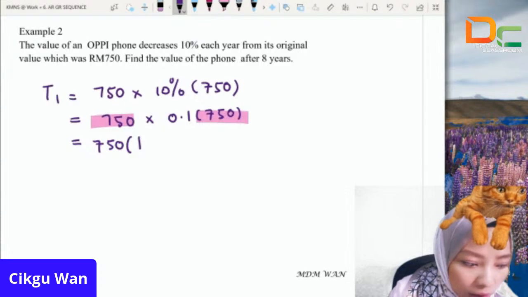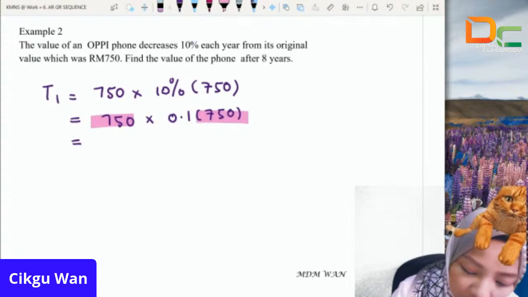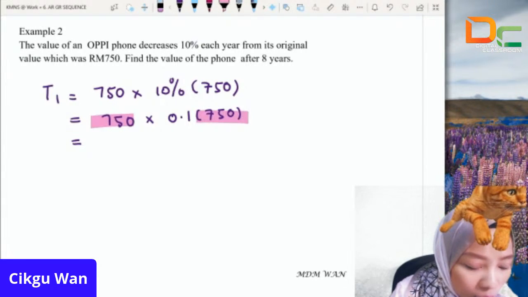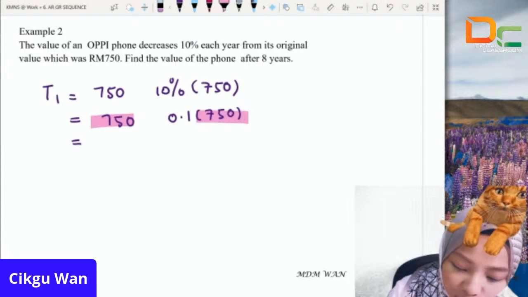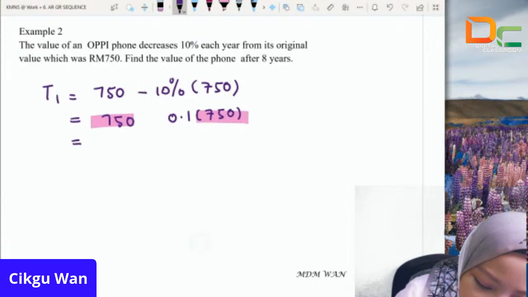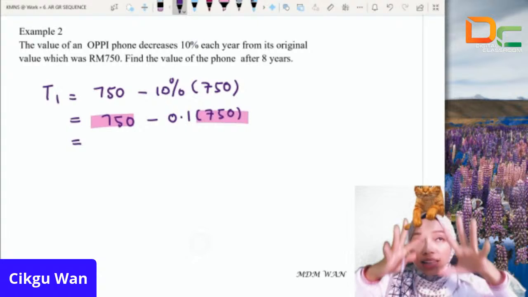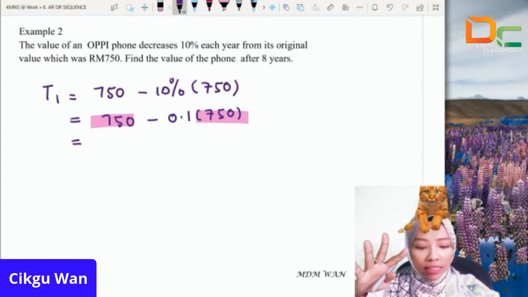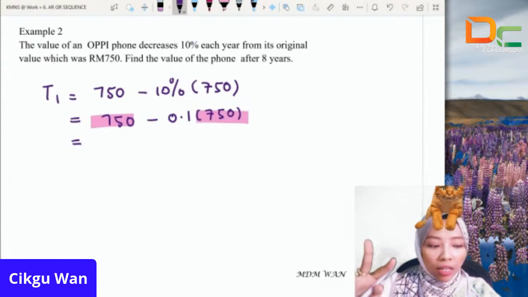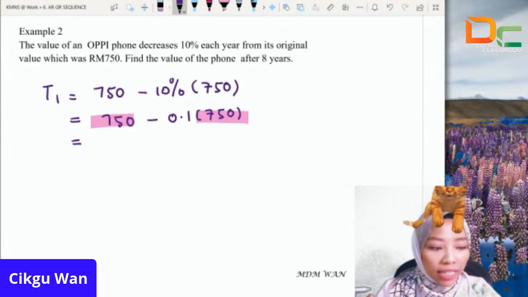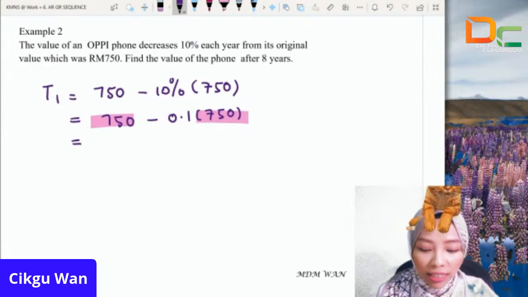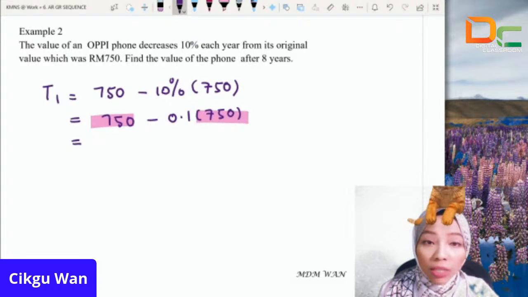Sorry, not factor out, not darab, sorry. Minta maaf ya. Minus. Teacher 1. Okay, so minus because harga asal. Okay, kita nak tahu berapa pengurangan diskaun itu tadi setelah 10% daripada 750.